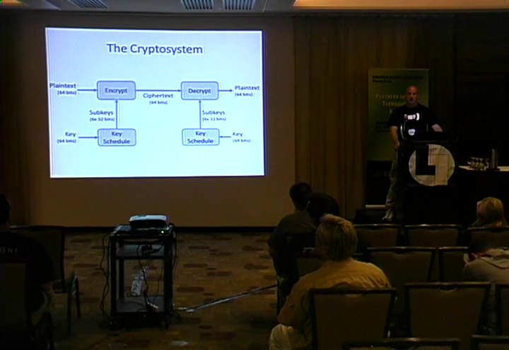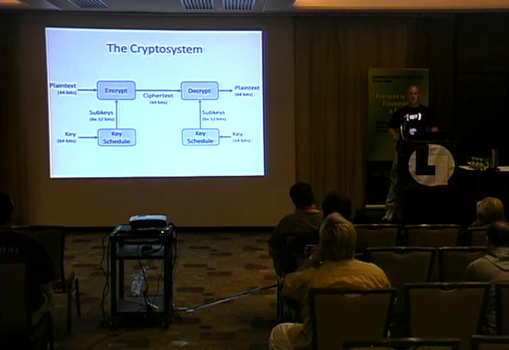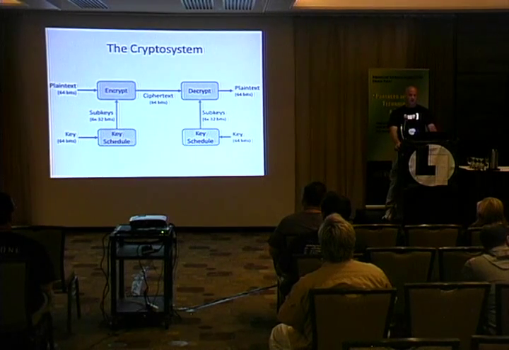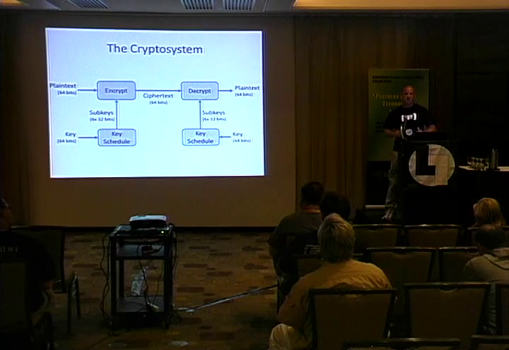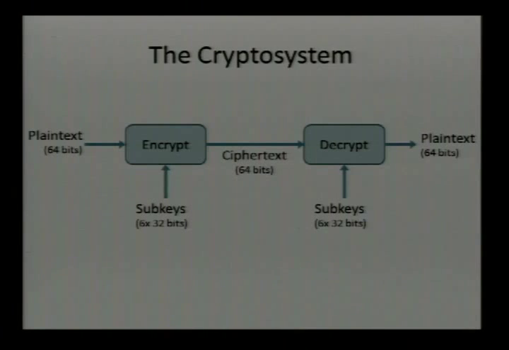This is a symmetric algorithm, which means that both the sender and the receiver are using the same key material. The way that's supposed to be handled is FEAL4 has a separate algorithm called a key schedule. You feed in 64 bits for your key, and it spits out six 32-bit subkeys. So it expands that and gives you more key material to work with. For what we're doing here, we don't even care about the key schedule.